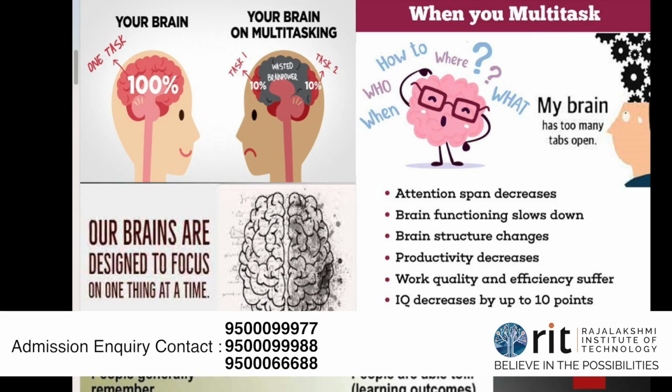First, in the very first picture, you can see that if you are focusing on only one goal, here your goal is scoring 100 marks. When you are doing only one work at a time, your brain is in active mode with 100% energy, 100% efficiency. When you are doing multiple tasks, then what happens?